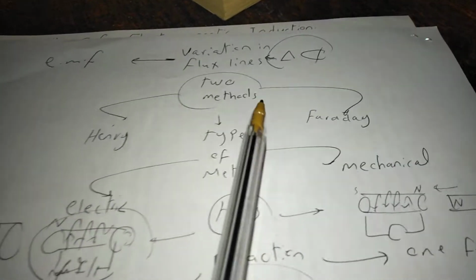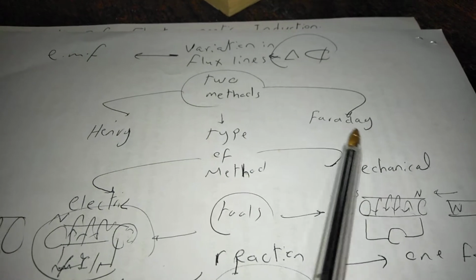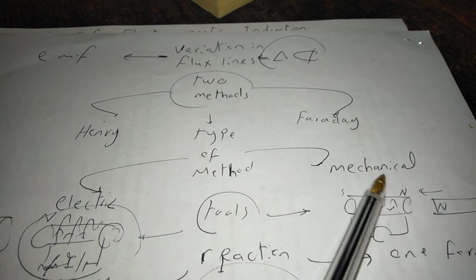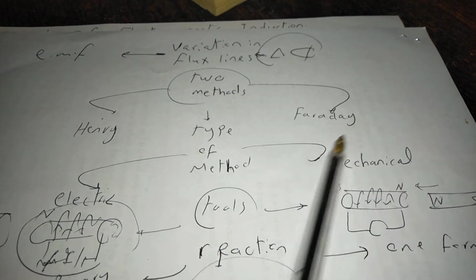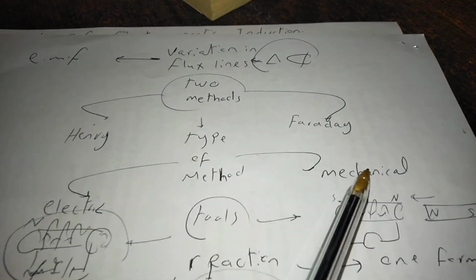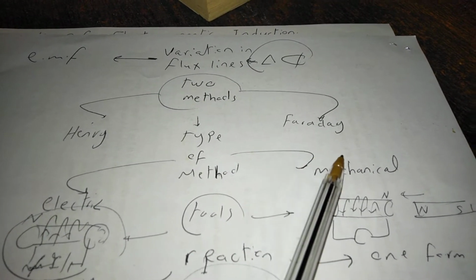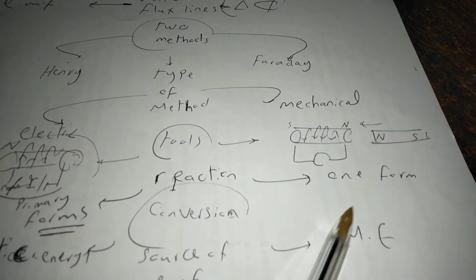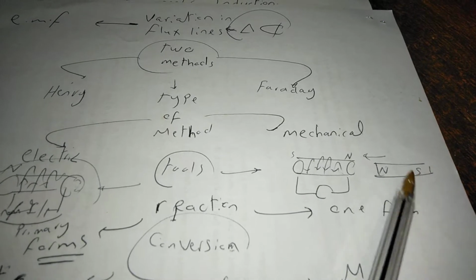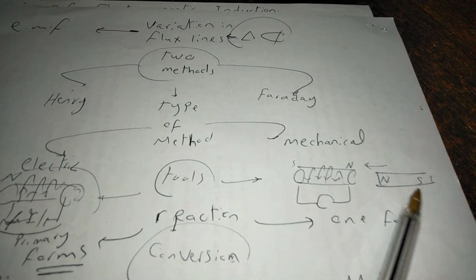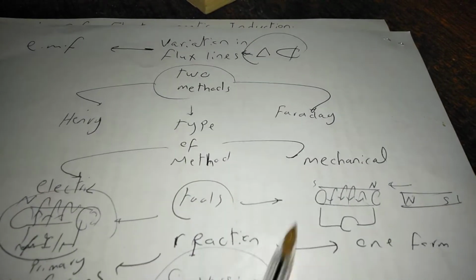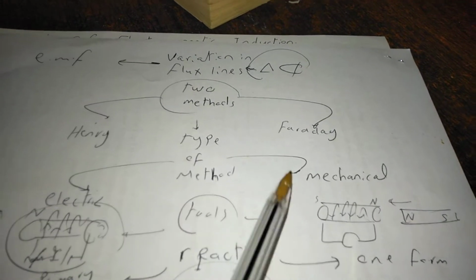And here we notice that the Faraday method is a mechanical method. Why is it a mechanical method? This is because it uses mechanical energy to convert its value into electric energy.